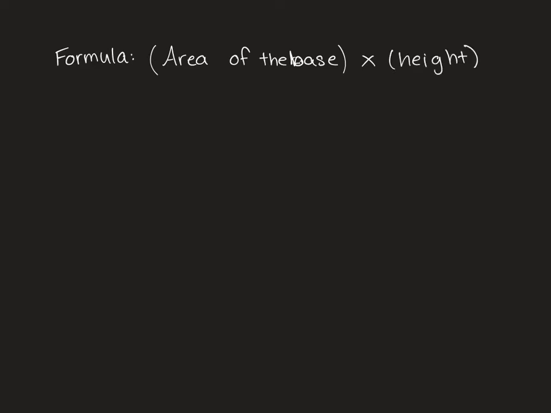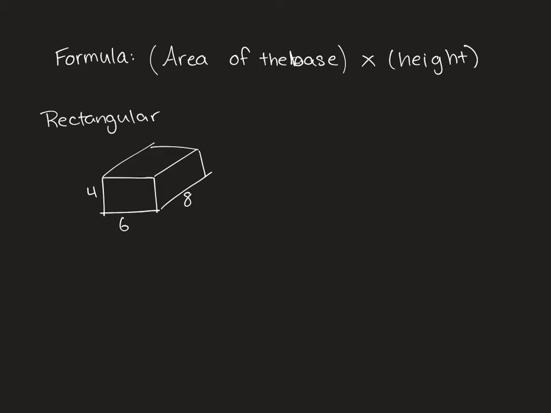So, if we are dealing with a rectangular prism, and we know that the base is 4 by 6, and the height, or the length going up, is 8.